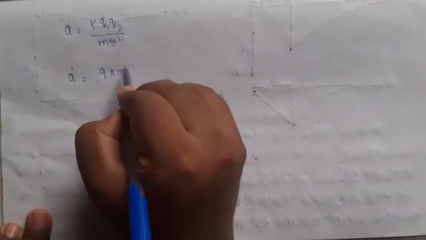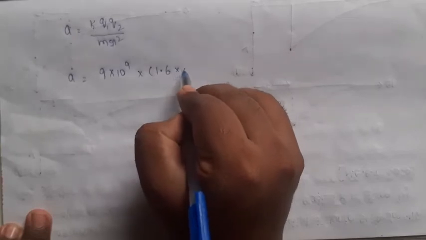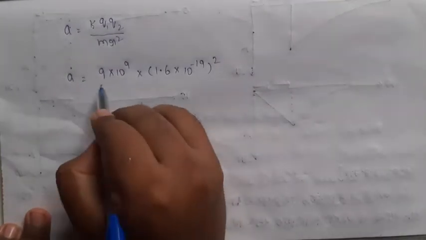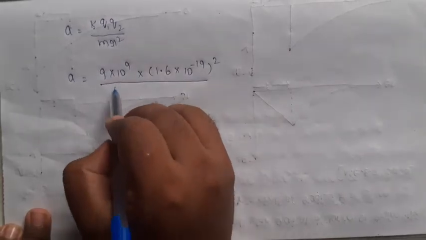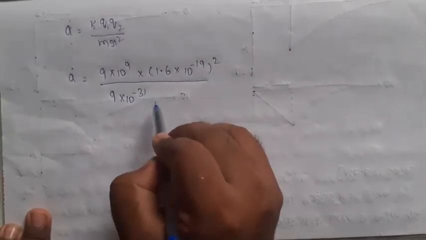a equal to K value 9 into 10 to the power of 9, Q1 Q2 both charges 1.6 into 10 to the power of minus 19 whole square. Next, the mass of the electron, its value is 9 into 10 to the power of minus 31 kg.